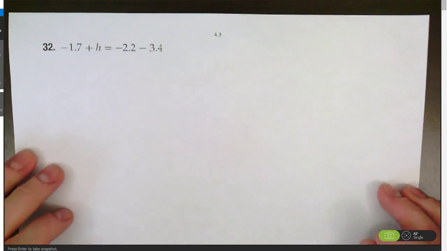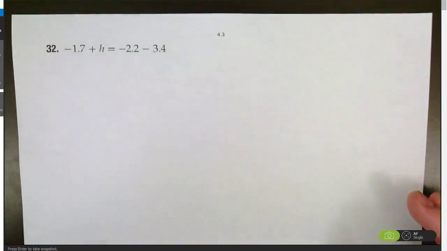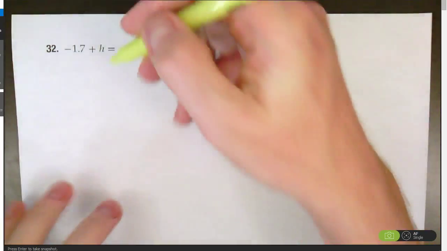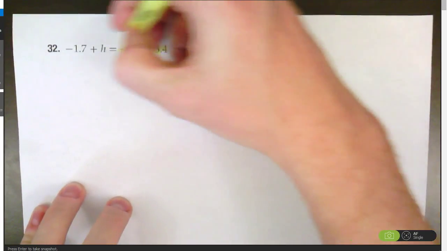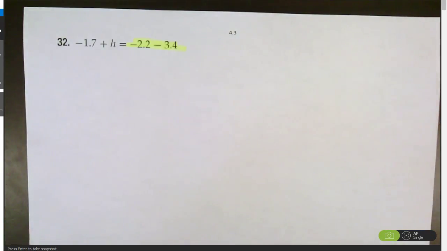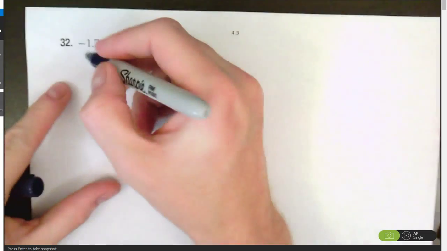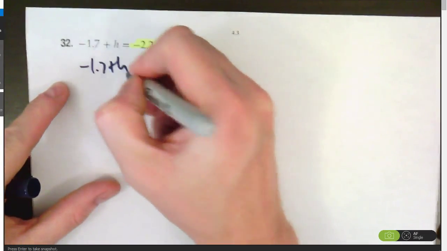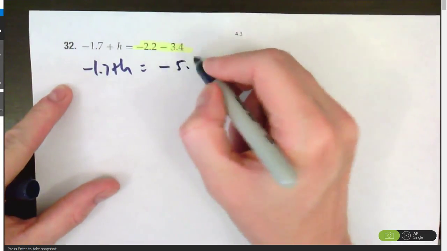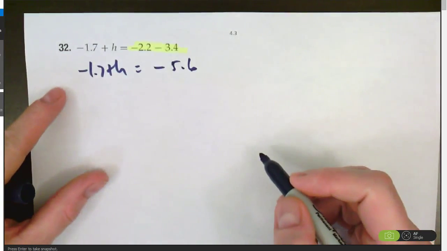32. Negative 1.7 plus h equals negative 2.2 minus 3.4. The reason I picked this one to look at is I have to combine those first. Okay, I have to bring those together first. So negative 1.7 plus h is going to be negative 5.6 when I do negative 2.2 minus 3.4.